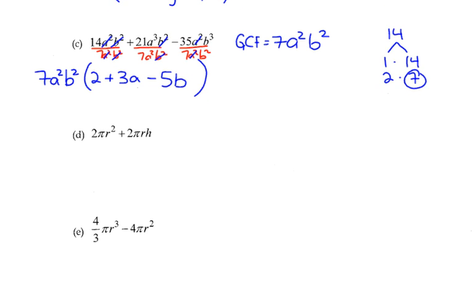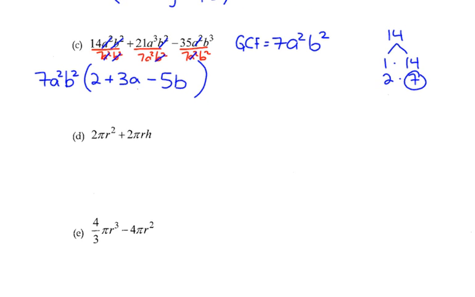Okay. So this one, 2 pi r squared plus 2 pi r h. What's in common? Greatest common factor. Do we really have to go through looking at the factors of 2? What can we divide both of those by? 2. Also, they have pi in common, and r in common: 2 pi r.